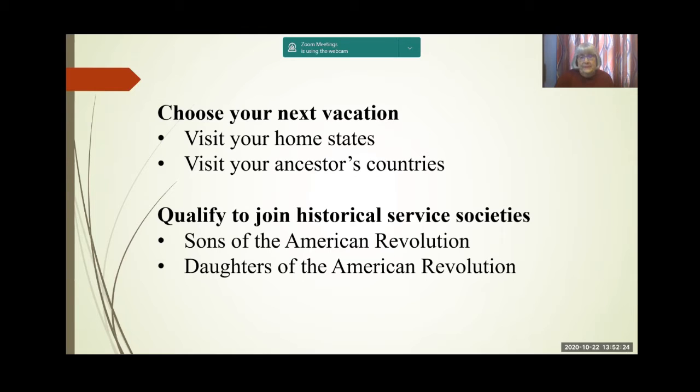But it's very exciting when you find ancestors of members of the Sons or Daughters of the American Revolution, because they are required to document their ancestry very carefully. And a lot of them have done it on Ancestry.com. So you get the benefit of their research.